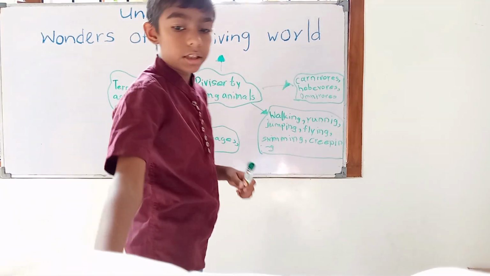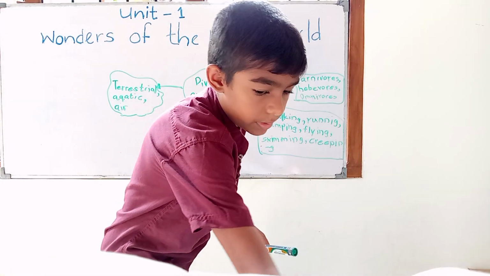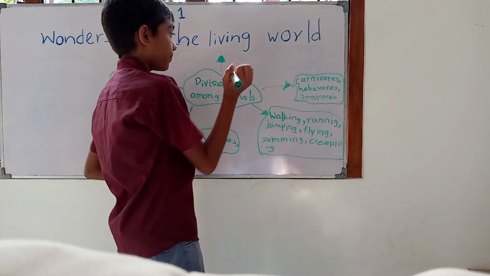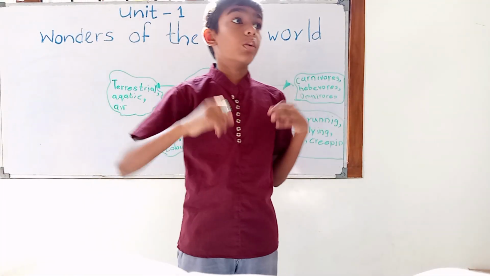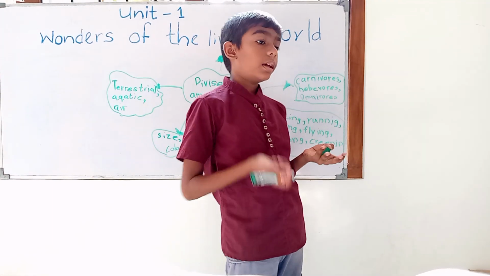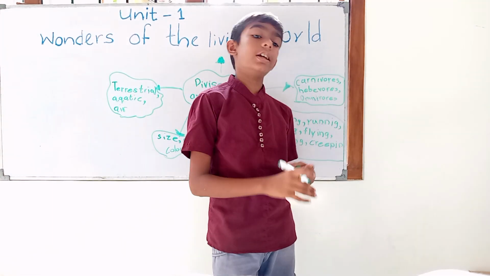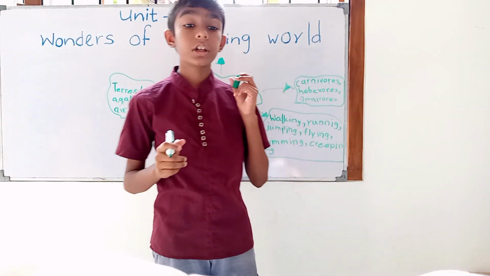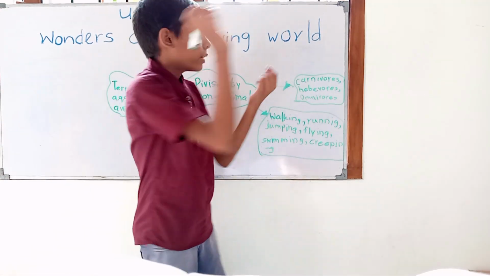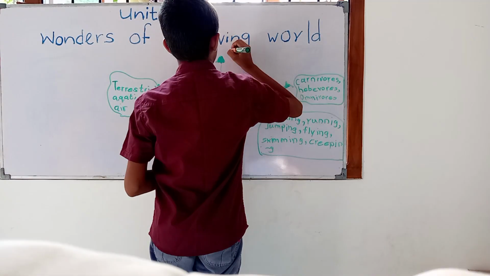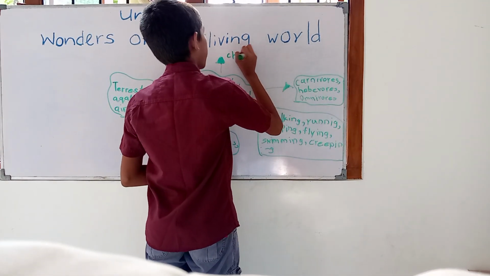Moving on to our last one, classification based on eating, based on feeding mechanism. Now, what is the feeding mechanism, you ask? Well, the feeding mechanism is how the animals feed on their food, like people chewing and swallowing. That is one of this group, chewing while swallowing.